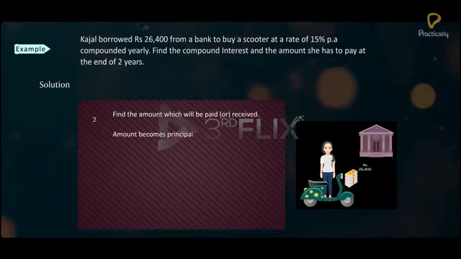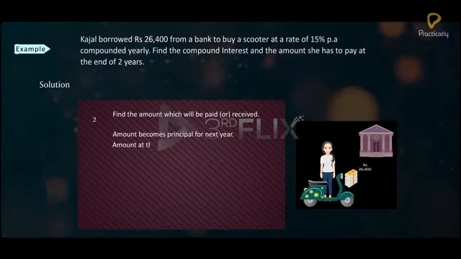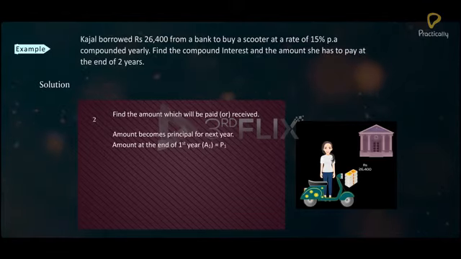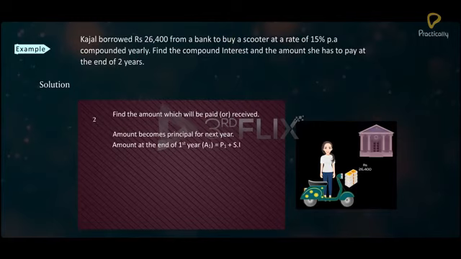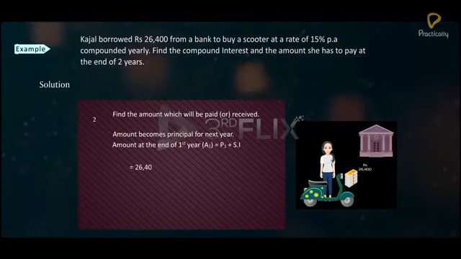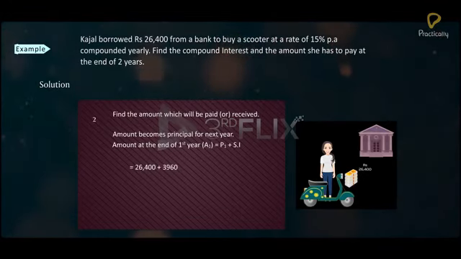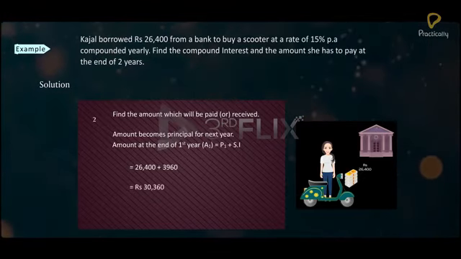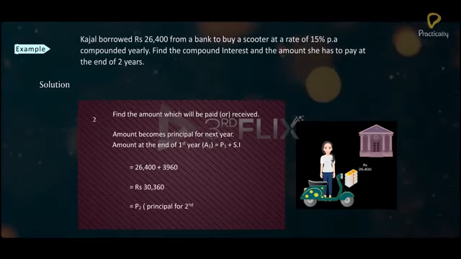Amount becomes principal for next year. Amount at the end of the first year, that is A1, is equal to the principal of the first year, P1, plus simple interest. It is equal to 26,400 plus 3,960, which is equal to Rs 30,360. This becomes the principal amount for the second year.